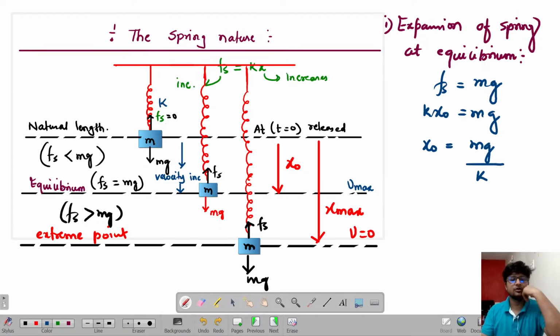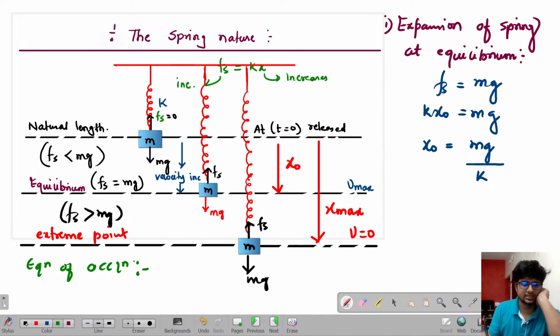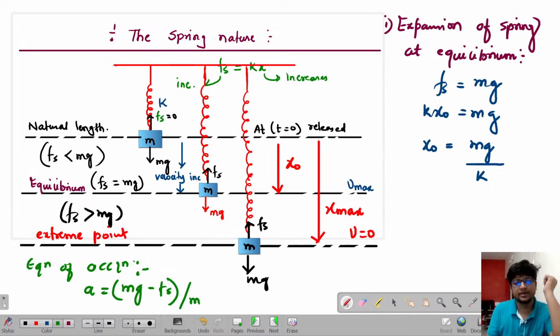Think, what is the value of x max? Let's suppose I want to write the equation of acceleration. Simple idea: acceleration will be mg minus Fs, divided by m, since initially mg is dominating. Now, spring force is k into x, correct?